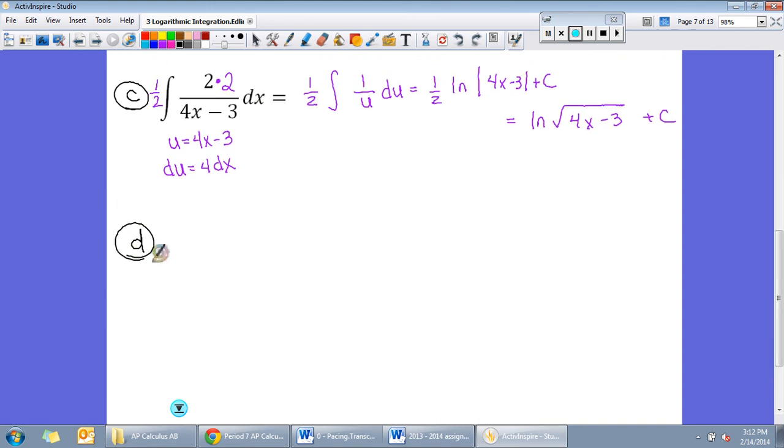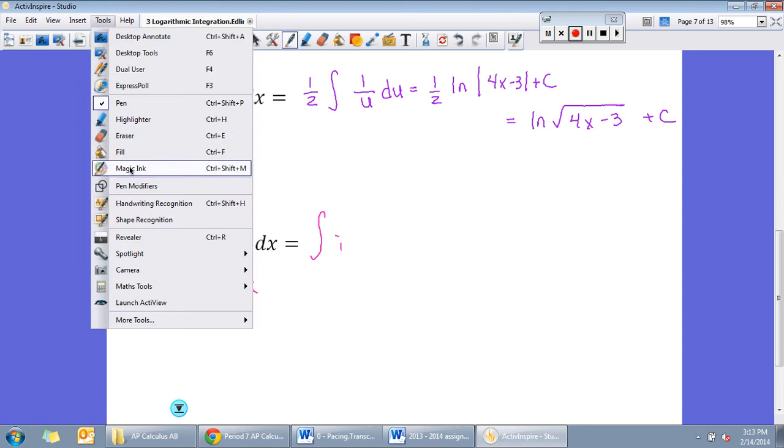For our fourth example, we have the integral of 3x squared plus 1 over x cubed plus x. And again, like this one before it, we're going to use a u substitution and have our u be x cubed plus x.